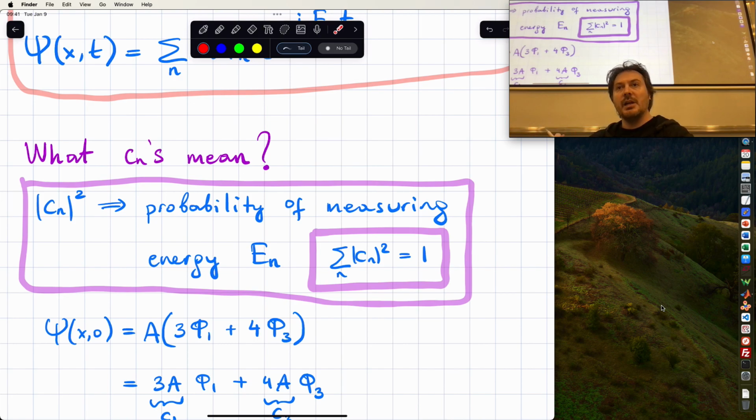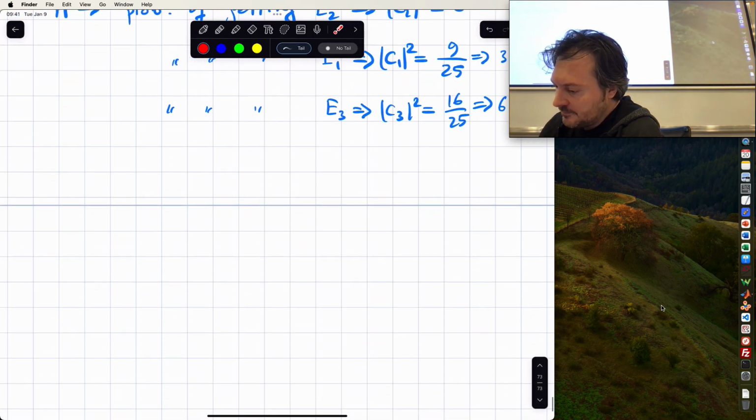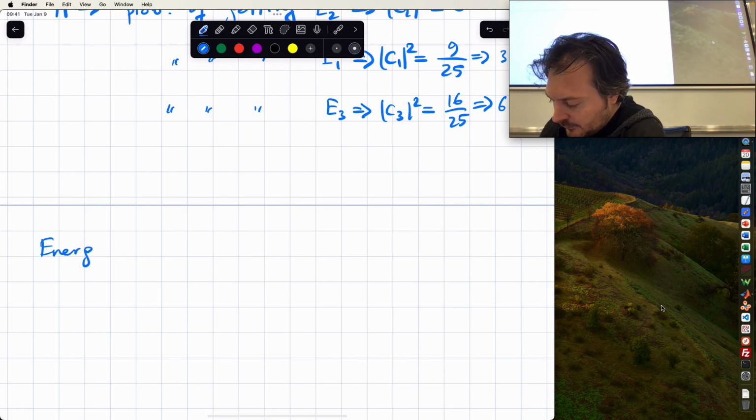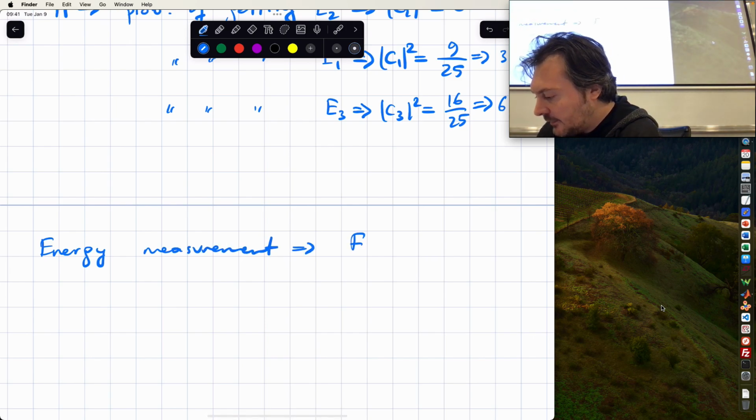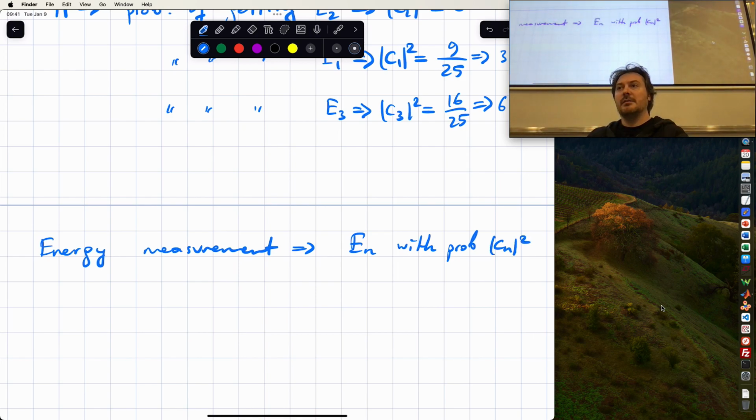So far, we have talked about two measurements: energy measurement and position measurement. We have said that energy measurement returns En's with probability Cn squared.